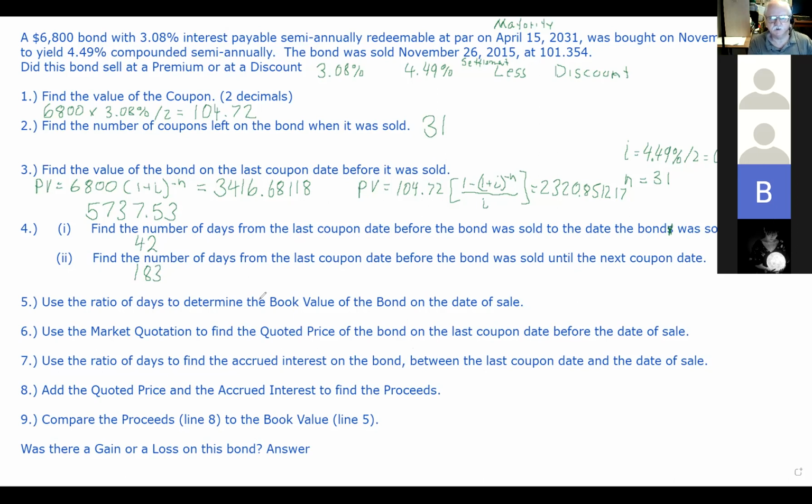Use the ratio of days to determine the book value of the bond on the date of sale.